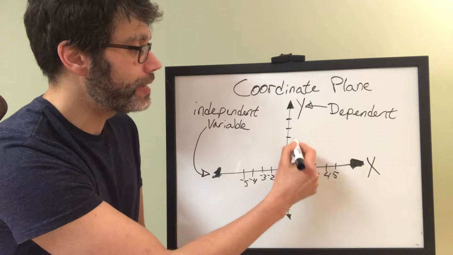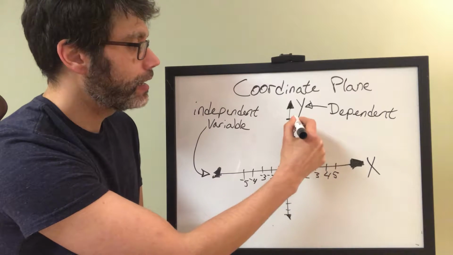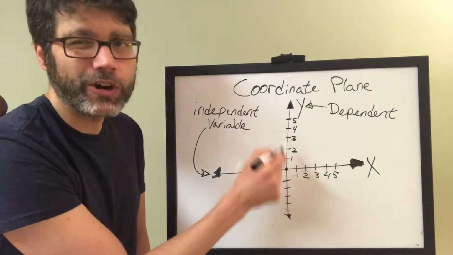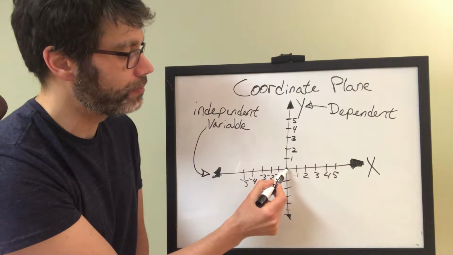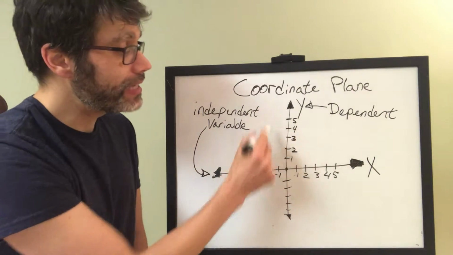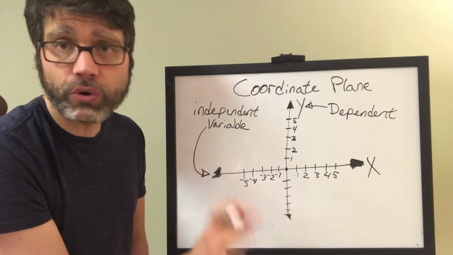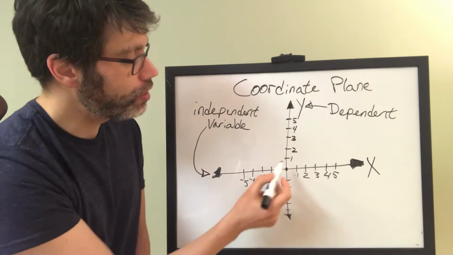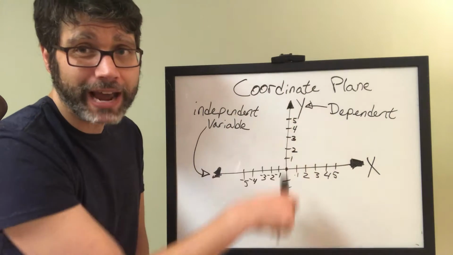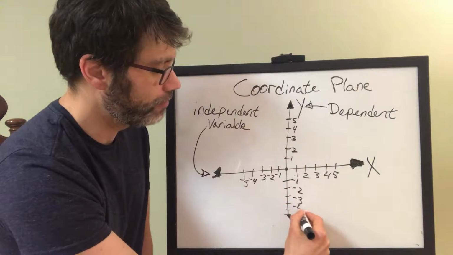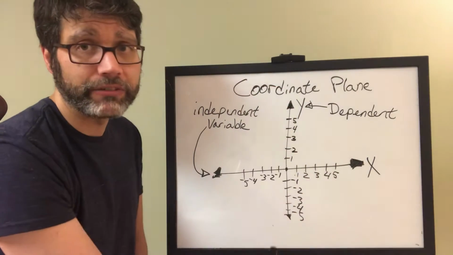Remember that each increment needs to be constant. So if I'm going to choose to go by ones, I have to go by ones the whole time. I can't go from here to here and that's 1, and then here to here, that's 5. Whatever the scale that I pick is totally fine, but I do need to stick with it for this particular graph. So if I'm going up by ones, I need to go down by ones. So this would be -1, -2, -3, -4, -5, down to negative infinity.